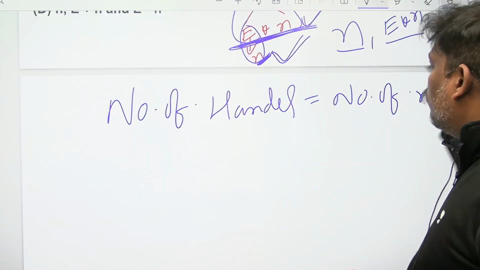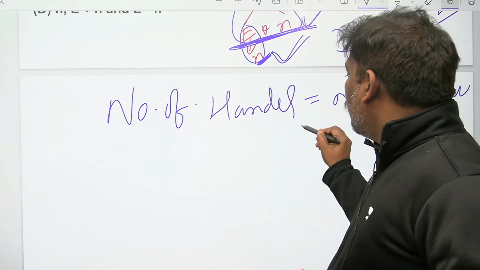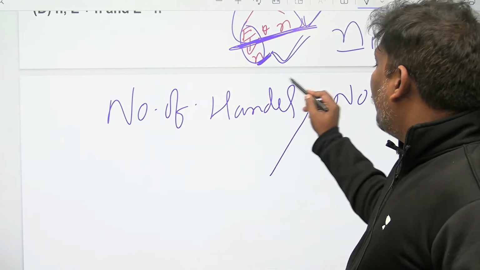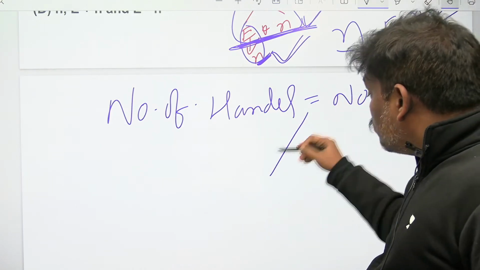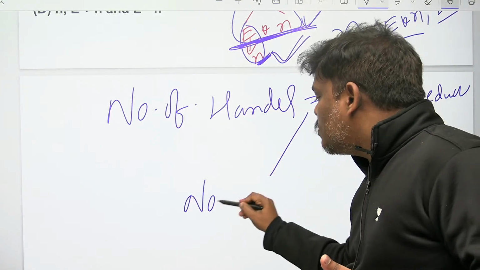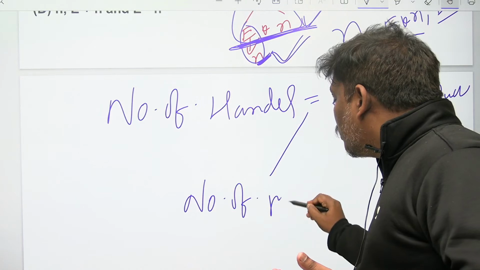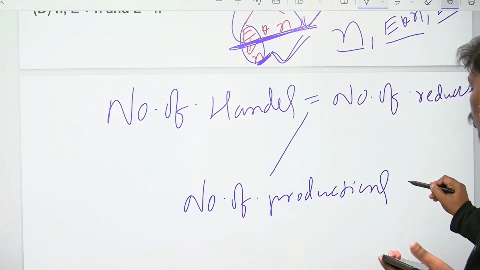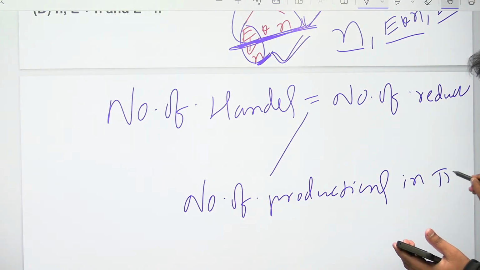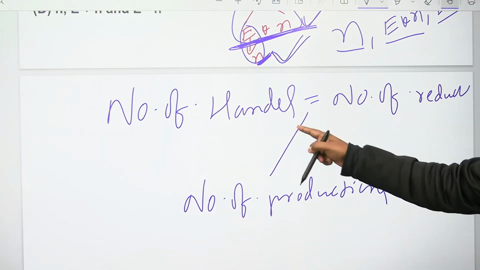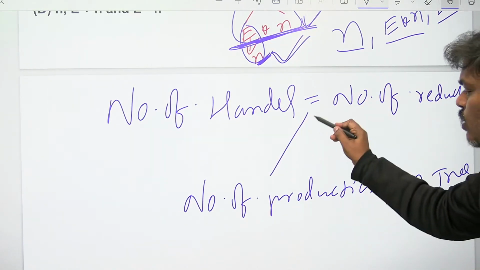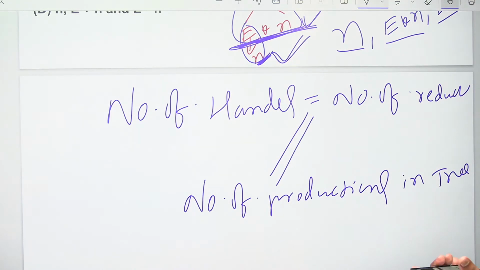The number of handles is equal to the number of reductions, which is also called the number of productions in the tree.